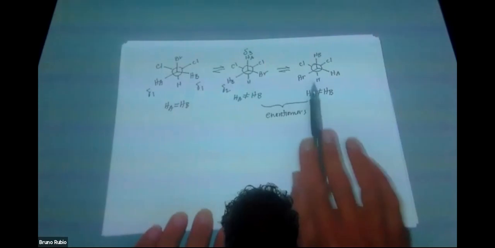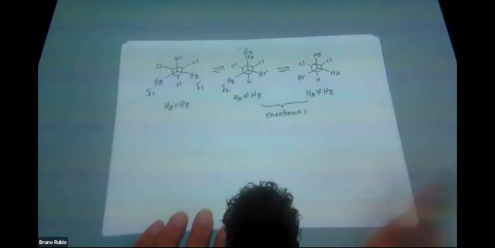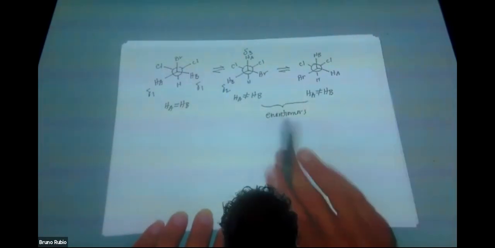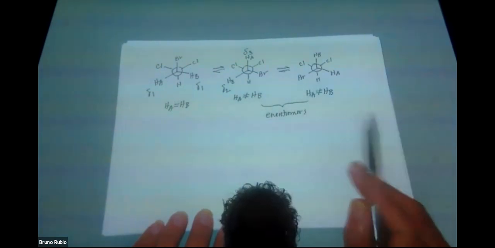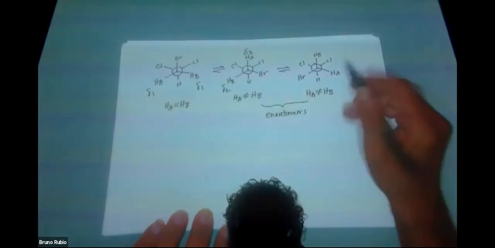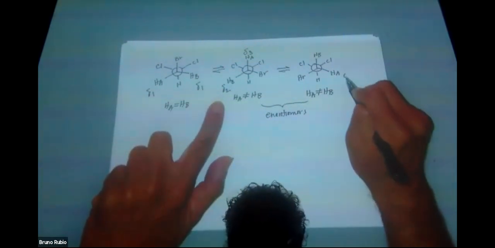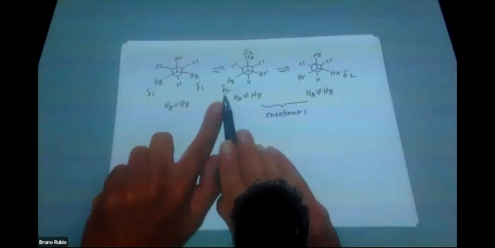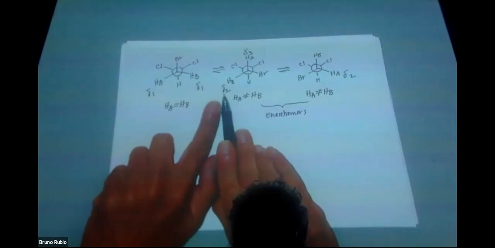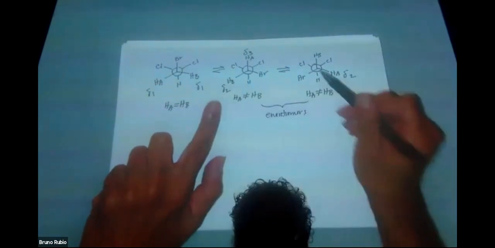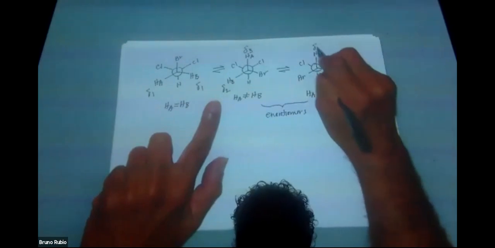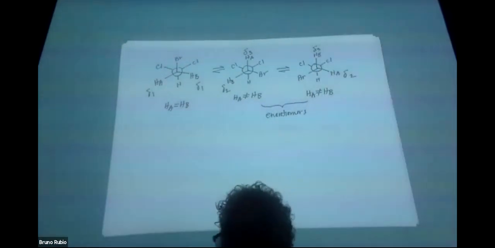But these guys aren't interacting with any other chiral substance. We're just looking at a sample of this molecule. So HA over here has the same chemical shift as delta 2, and this one up here has the same chemical shift as delta 3.